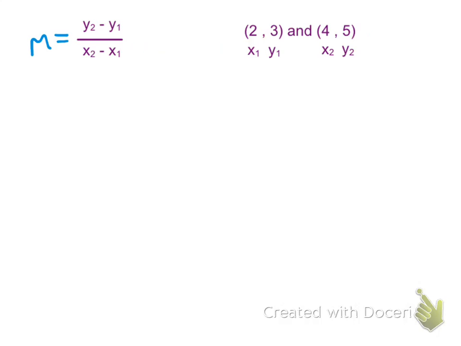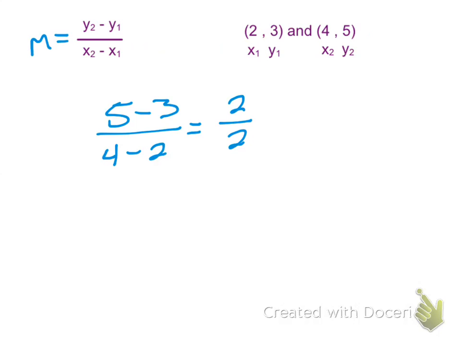Alright, so let's just plug the numbers into the formula. Looking at my y value first, y2 would be 5 minus my first y value, which is 3, over my second x value, x2, which is 4, because 4 went with 5 as the ordered pair, and then I'm also going to subtract my first x value. 4 minus 2 is what I'm going to have. 5 minus 3 gives me 2, and 4 minus 2 also gives me 2. 2 over 2 simplifies down to the whole number 1.